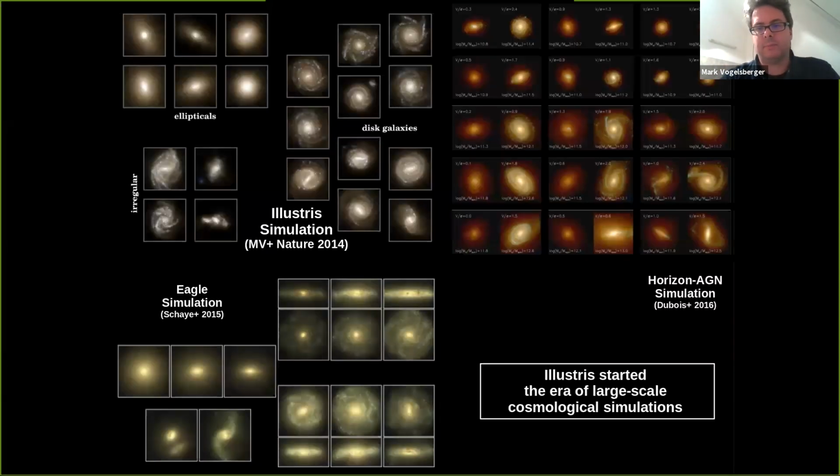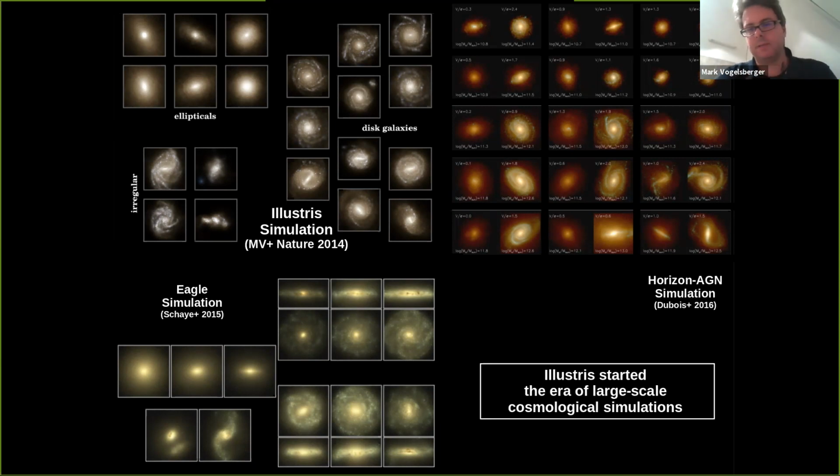So Illustris, along with many other simulations, about 5 years ago started, well, I wouldn't call it a revolution, but this set of successful large-scale hydrodynamical simulations that were for the first time able to reproduce a lot of properties of galaxies for large samples of galaxies and very well resolved sets of galaxies.